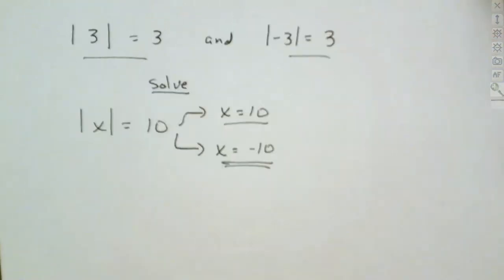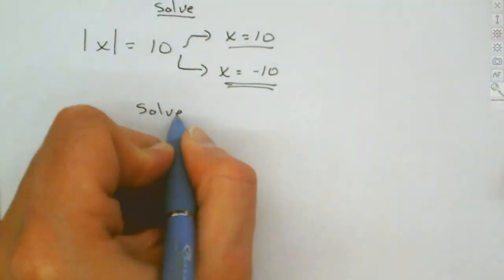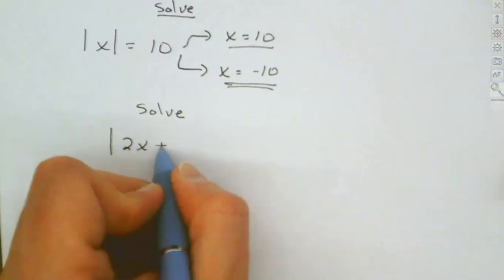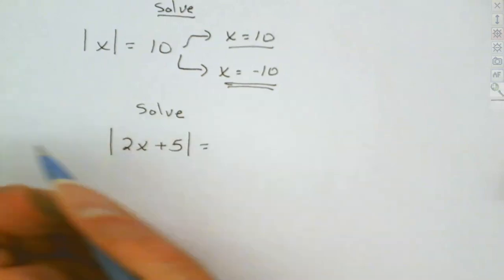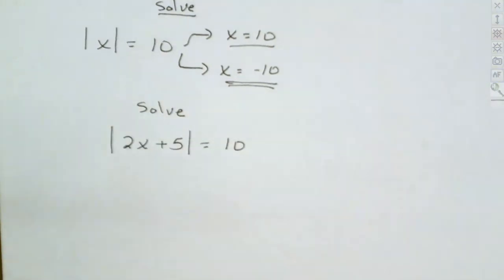What happens if there's extra things in it? What happens if I say solve the absolute value of 2x plus 5 equals 10? Now we need to get two answers. When we solve these, we've got to get the two answers.